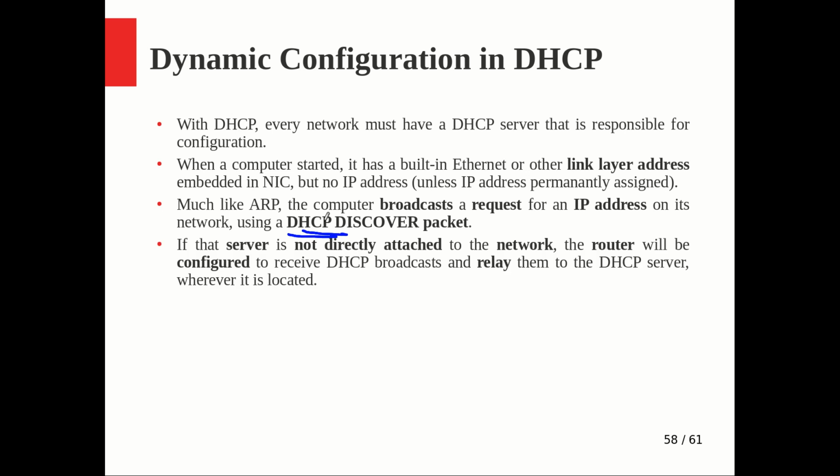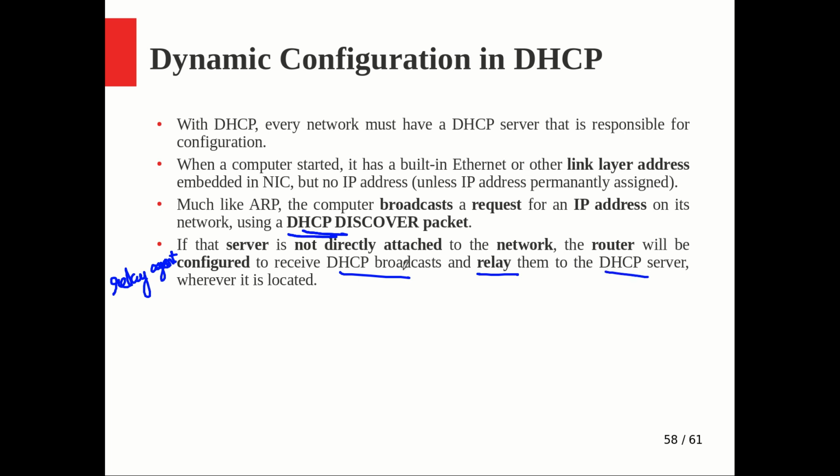If that server is not directly attached to the network, the router will be configured to receive the DHCP broadcast. Router is configured to receive in the sense that the relay agent is supposed to take the DHCP broadcast request, and it is supposed to relay it to the DHCP server exactly where it is located.